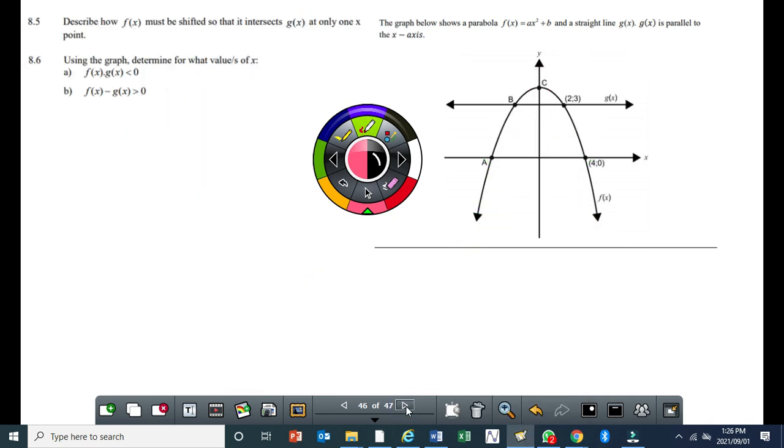Okay, now the question says, describe how f of x must be shifted so that it intersects g of x at only one point.